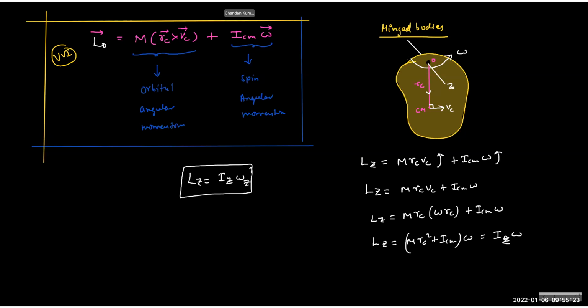So whenever we have an axis about which the body is performing pure rotational motion, in such a case, instead of writing the angular momentum as a sum of two terms, it is a good idea to write the angular momentum about the axis itself, which gives the sum of the two answers.